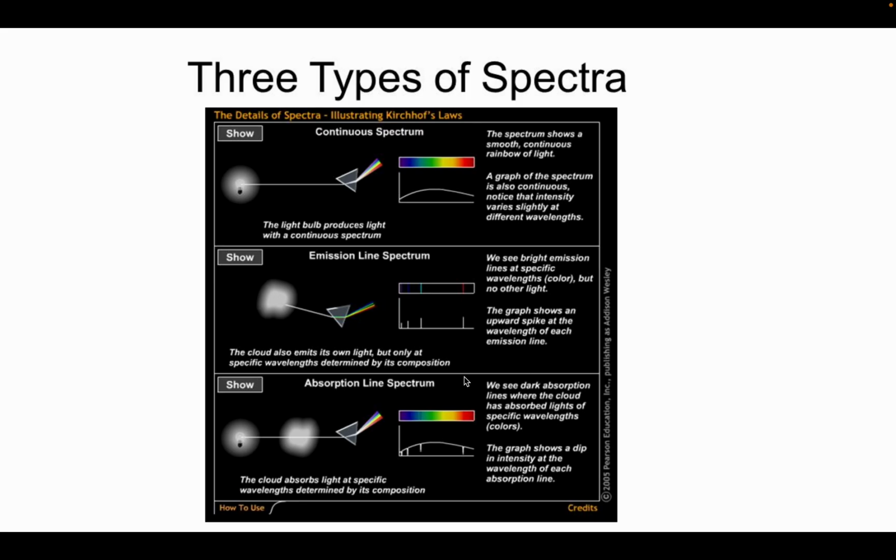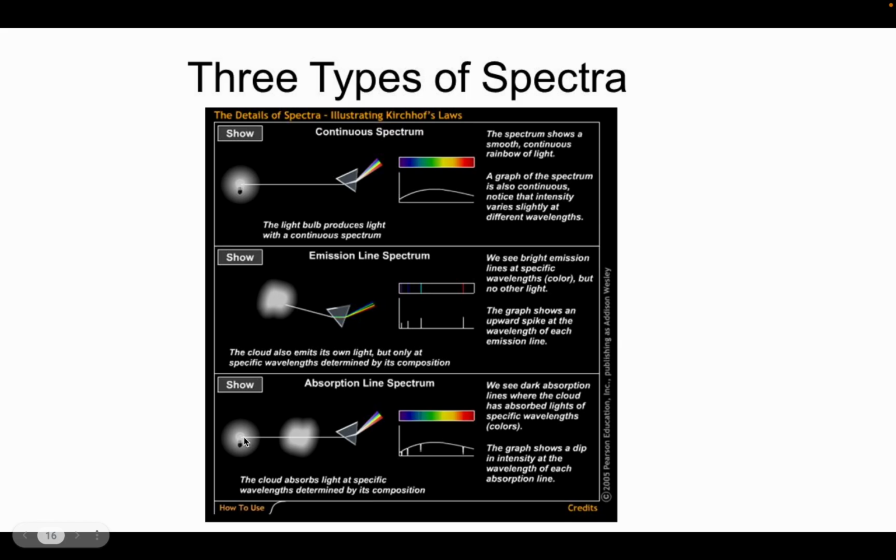And another kind of spectrum that we discussed is the absorption line spectrum. That is when there is a bulb and you place a cold gas cloud in front of the bulb, and after that you place a prism.